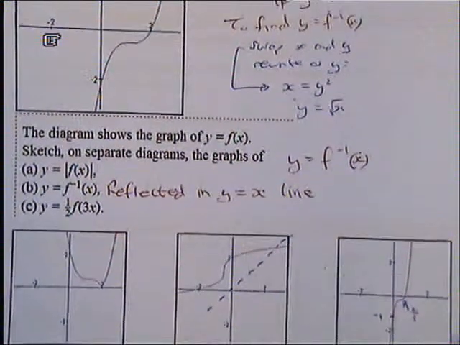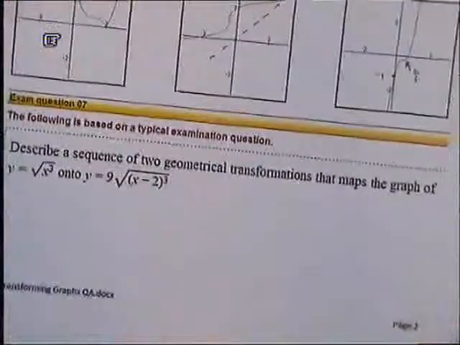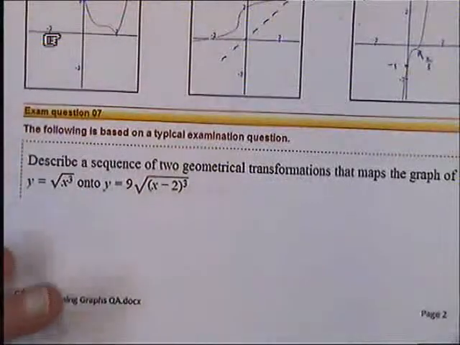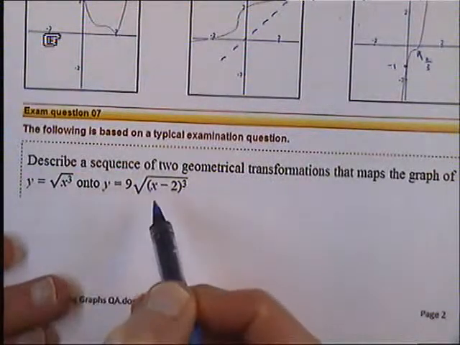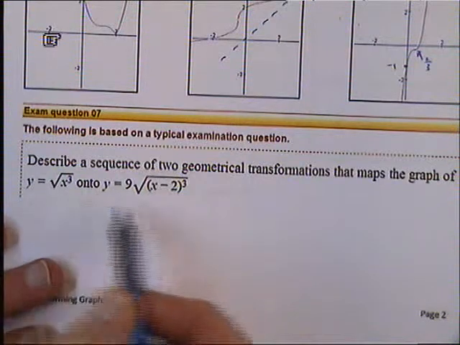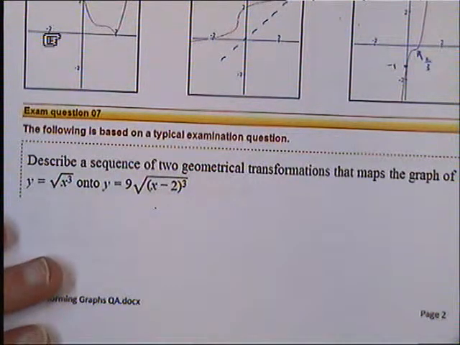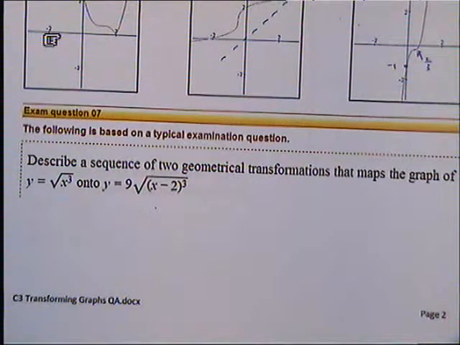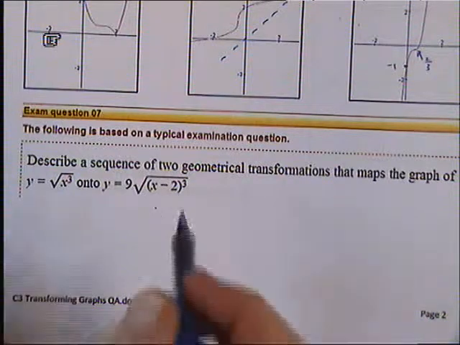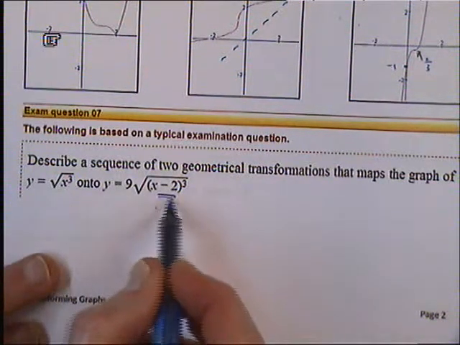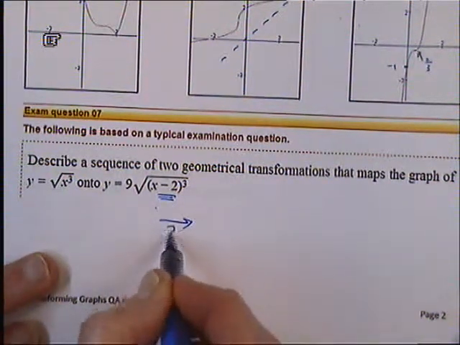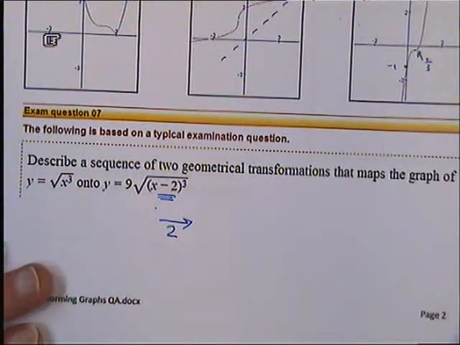Okay. Right, next question. Describe a sequence of 2 transformations that will map that one onto that one. How can you get from there to there in 2 steps? What would the first step be? Yeah. The first step is that -2 there, which shifts it like that. How do you say that in proper maths language?